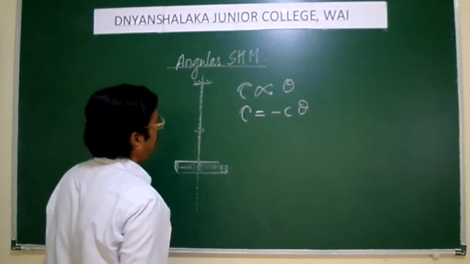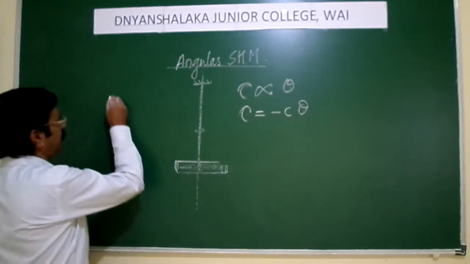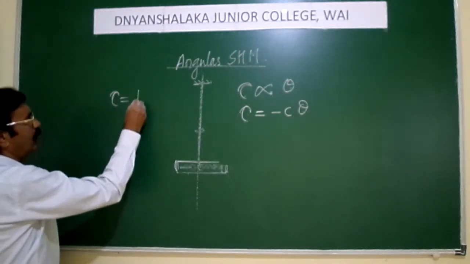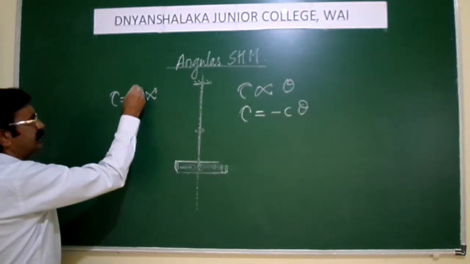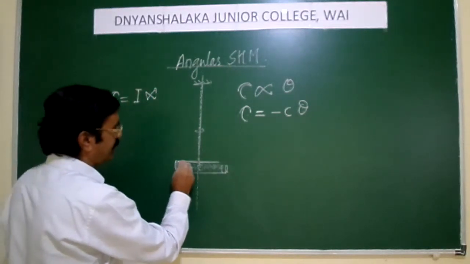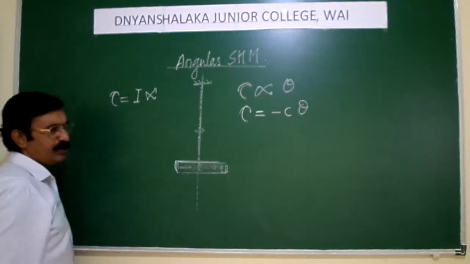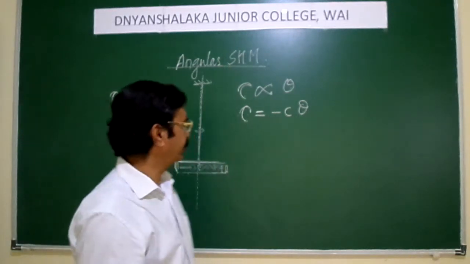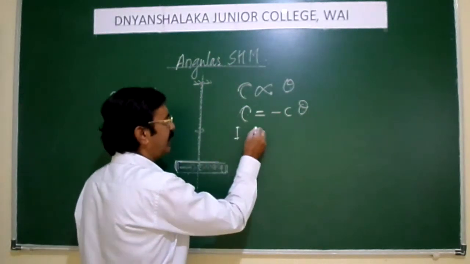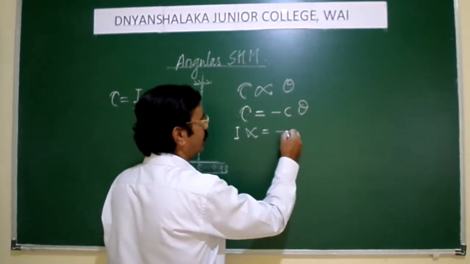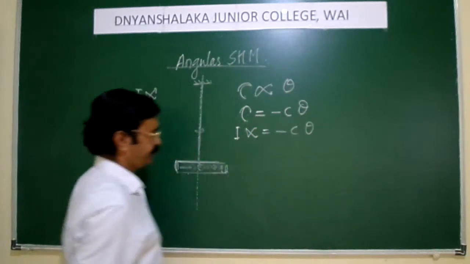We know that in rotational motion, torque is equal to I into alpha, where I is the moment of inertia of the disk, and alpha is its angular acceleration. And so if you substitute this value over here, I into alpha is equal to minus c into theta.